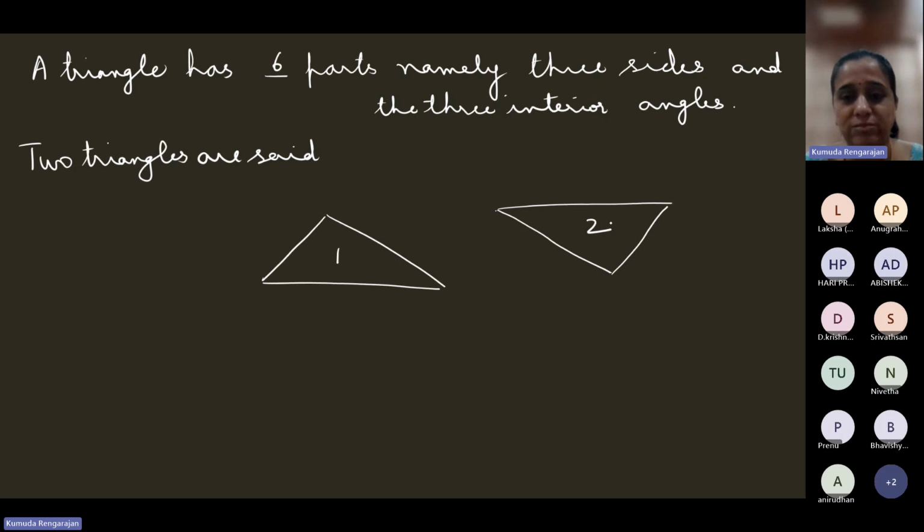Supposing I just bring 2 as it is and put it on triangle 1, it will look like this. They don't coincide. So you should rotate it and place it in a particular way. Only then will they coincide.